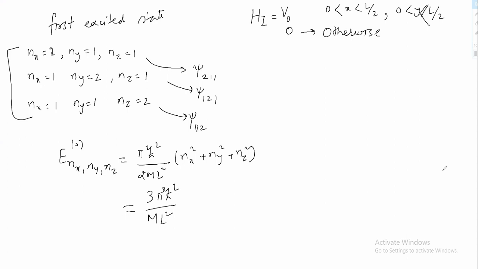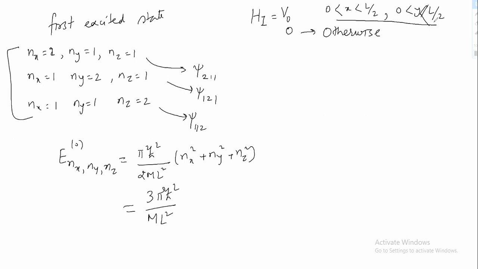Now we have to obtain the first order correction to the energy. As you can see, we have only applied the perturbation in the x and y region, and even up to L by 2 only.